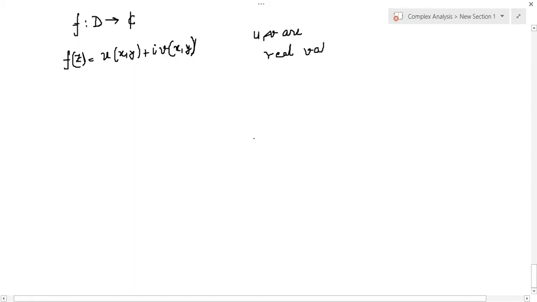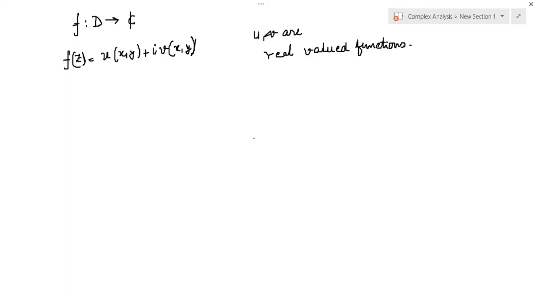Here u and v are real valued functions. Now, if f is differentiable, then what does it imply?